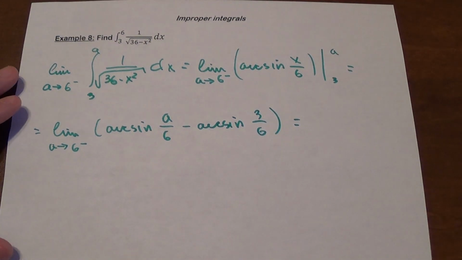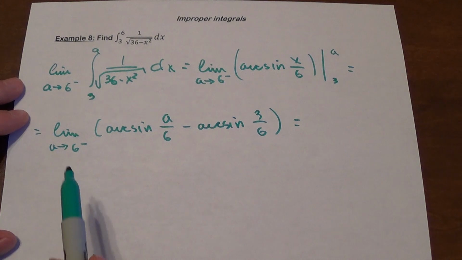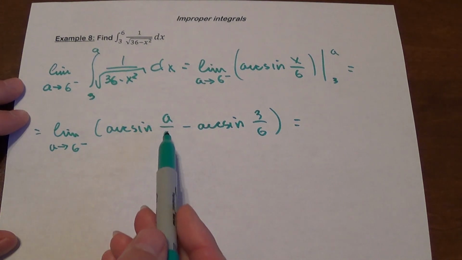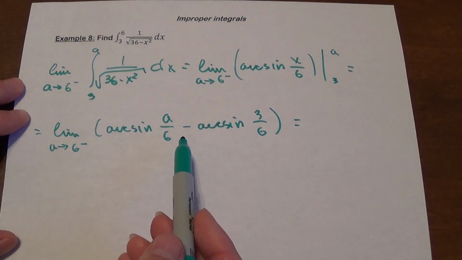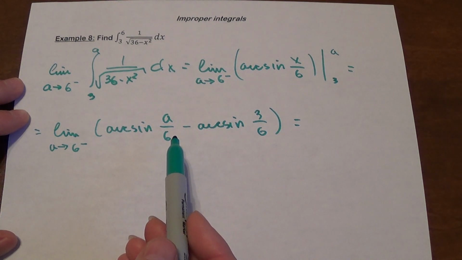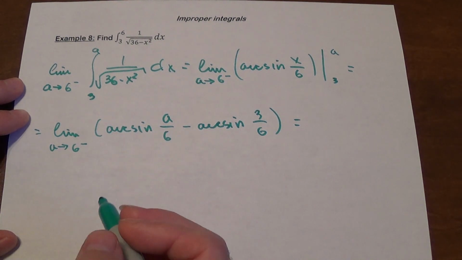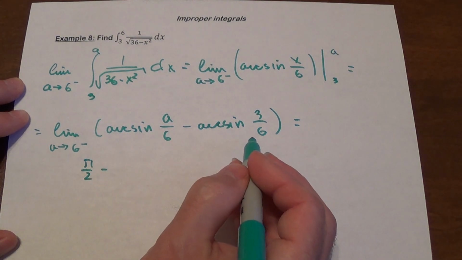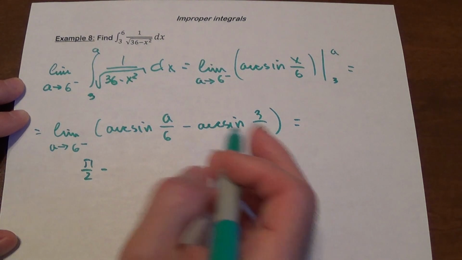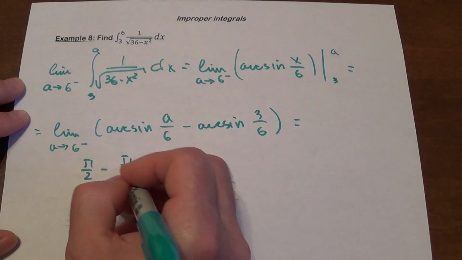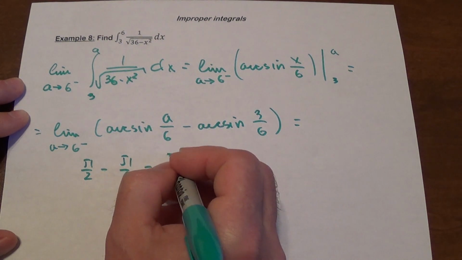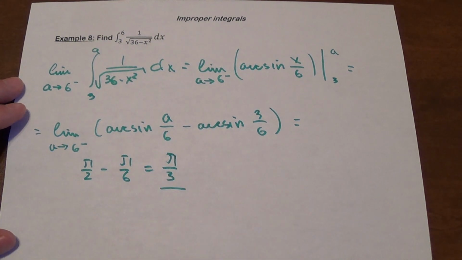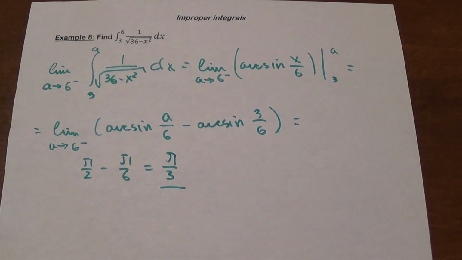So as a goes to 6, we have 1, so this is going to approach arc sine 1, which is pi over 2. And then this one is going to be pi over 6, that's arc sine 1/2. And the whole thing is going to give you pi over 3. This is the answer here. Okay, this is how it's done, and I hope this helps.